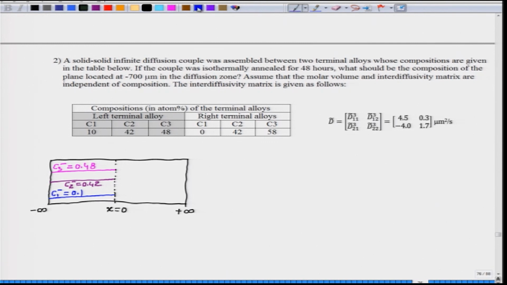C 1 plus is 0, C 2 plus is 0.42. So, C 2 composition is same in both the terminal alloys to start with, and C 3 plus is 0.58.